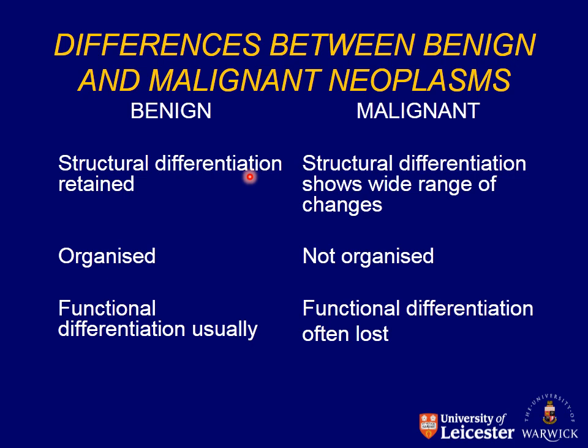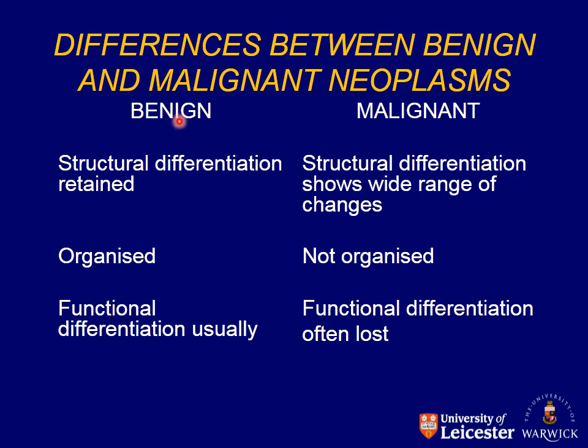Now my dear students, you will ask, what is differentiation? So differentiation is basically the extent to which a new cell resembles its parent cell. That is the extent of resemblance to the precursor cells, the extent of resemblance to the parent cell.